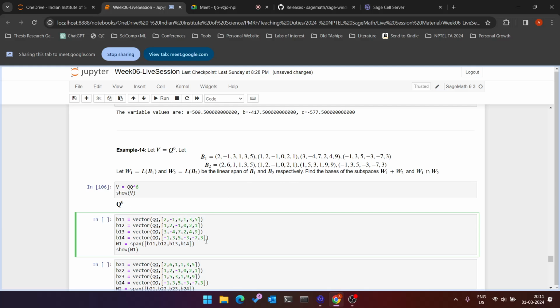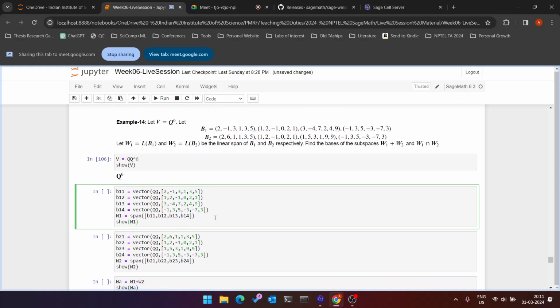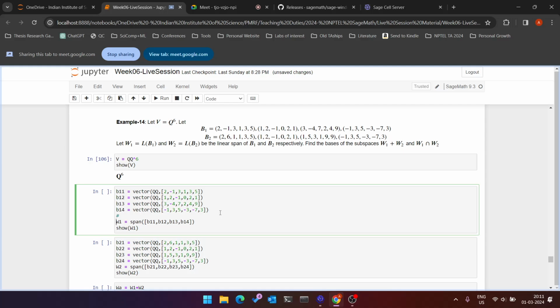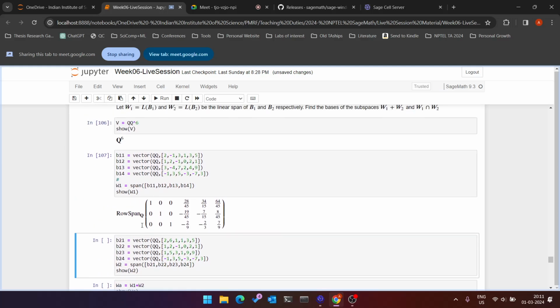They have been initialized as follows, and from that we define W1 to be the linear span of the vectors belonging to set B1. If I do show W1, I get a row span over the rational numbers. So basically we get three independent rows with which we can construct our vector space W1.